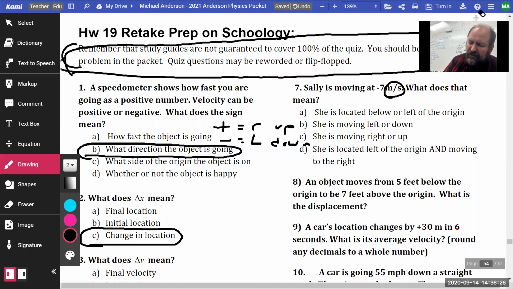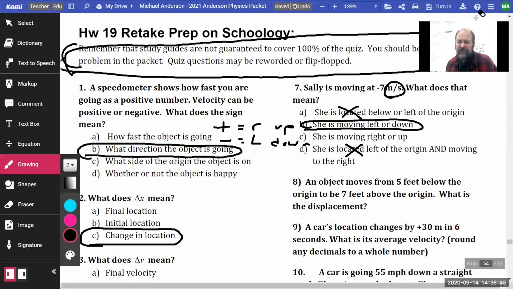So that tells us that it's a velocity, not a location. So A is out and D is out. This does not tell us anything about location, only about the motion, the velocity. Okay, the negative means left or down.